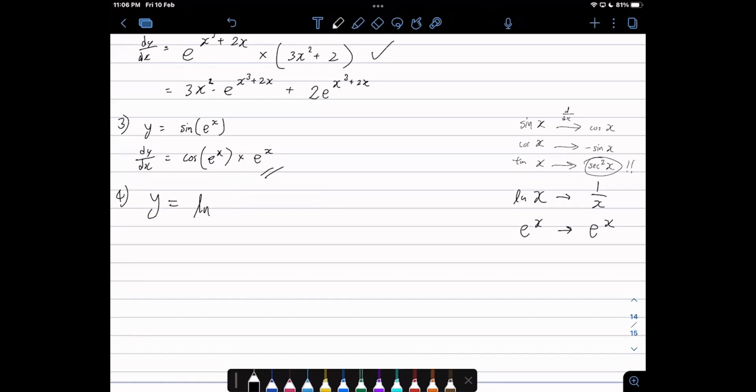Let's say I have ln of tangent of x minus e to the power of sine x plus 7x squared. Make your life difficult. Plus tangent of sine of x. Okay. Did I miss anything?